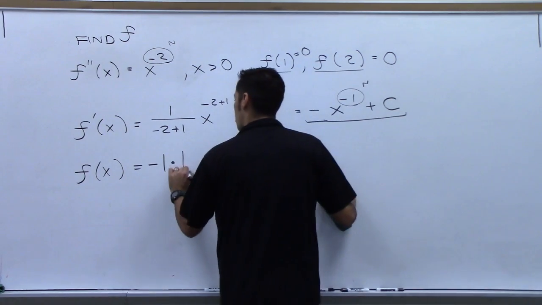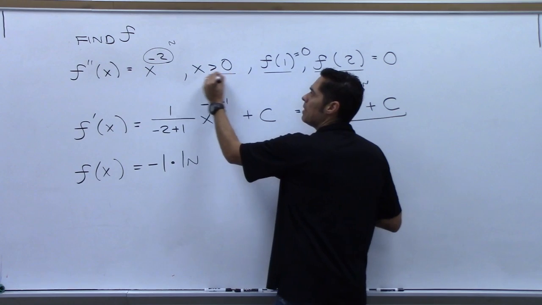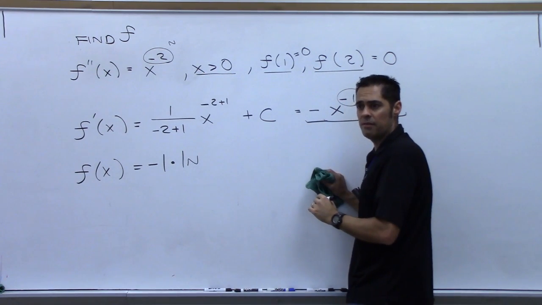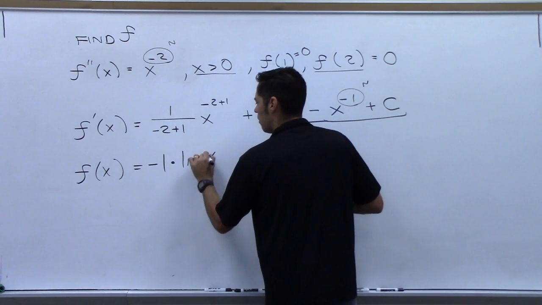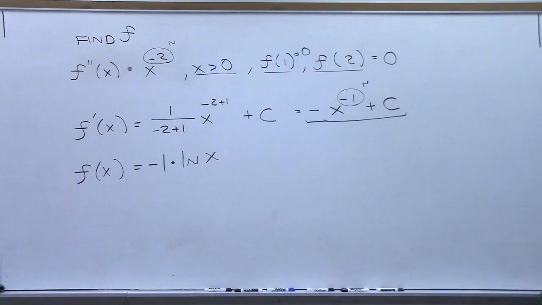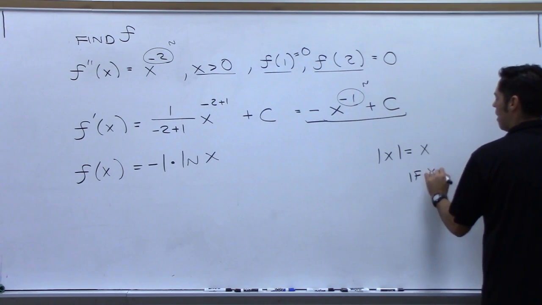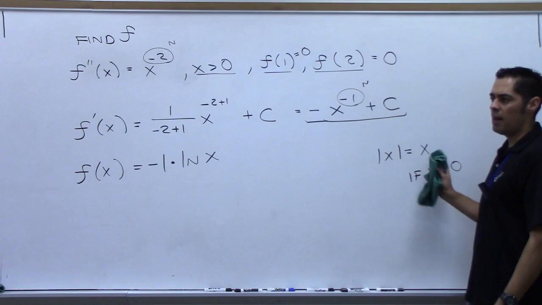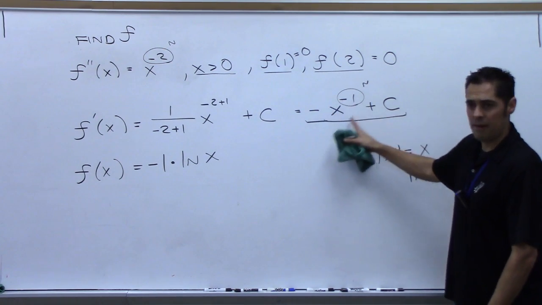So natural log of the absolute value of x is what it should be. But because they're telling us x is positive, it is just x, because the absolute value of x is the same as x if x is a positive number. Okay, that's the antiderivative of this, right?